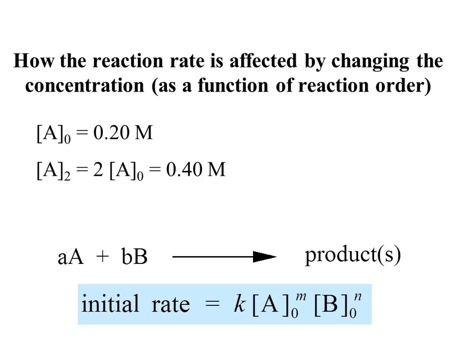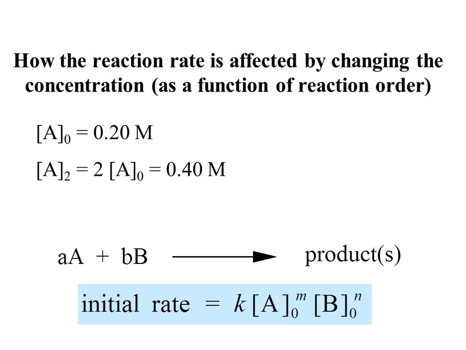Then we're going to run a second experiment, and this is how it's done. Remember, we can get to the rate law and reaction orders only through experimentation. So let's say we run it a second time and double the initial concentration. Now instead of 0.2, we have 0.40.